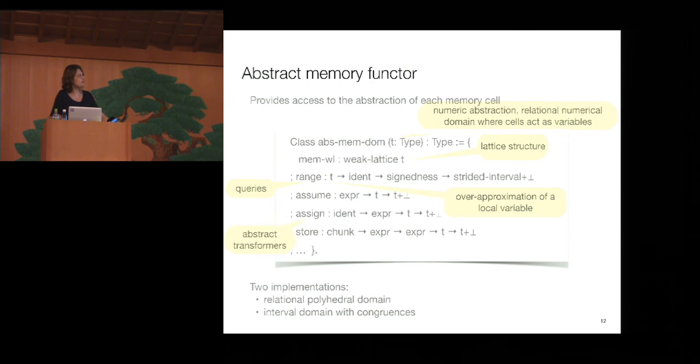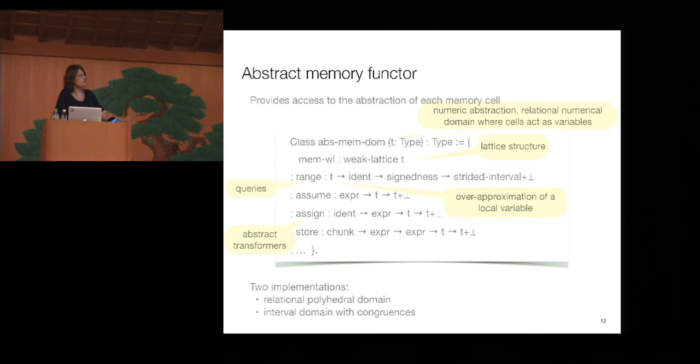And then we have abstract transformers. This is standard abstract interpretation, and here abstract transformers model the different instructions of the program. For instance, here we have two kinds of assignments, assign and store. The first one models assignment of local variables, and the second one models assignment to in-memory variables. So we distinguish between them in our static analyzer.